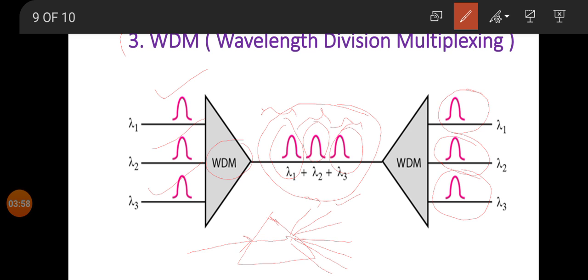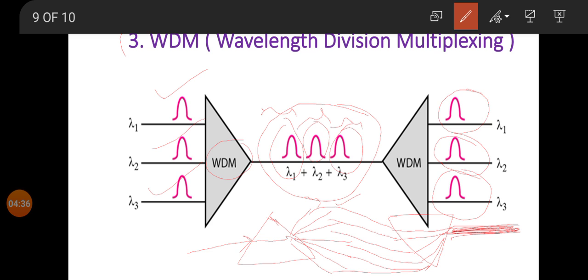Now what I do is, I will keep one more prism here in the reverse direction. Consider that all these various colored light beams are transmitted through that prism. Then, as in demultiplexing, this reverse prism will combine the various light signals into a single white light beam again.